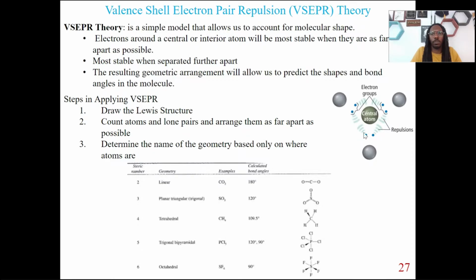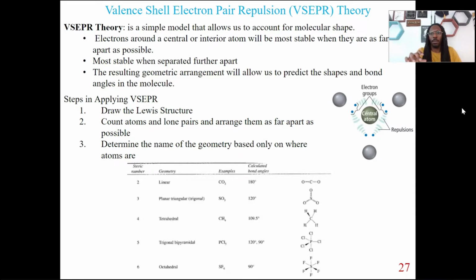These electron groups like to be as far apart as they can be, and when they are, they're stable. This is going to give off certain geometries every single time. We're going to talk about these geometries in literally 30 seconds.